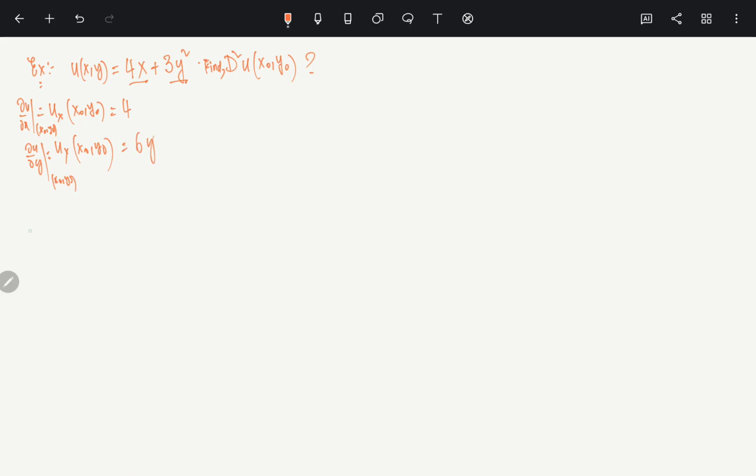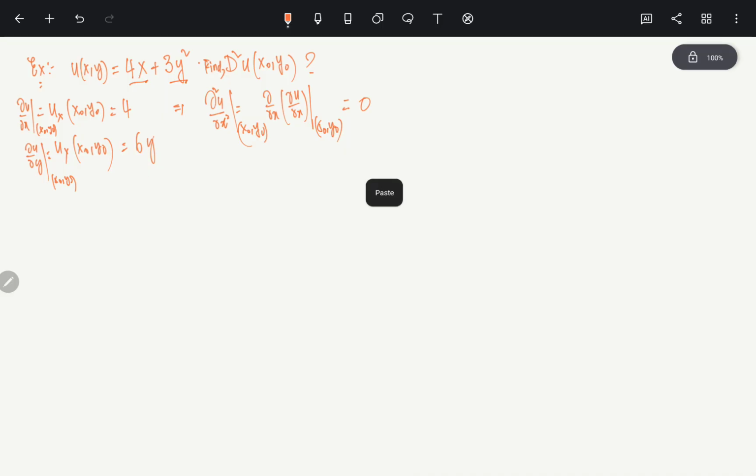Now what is del square u del x square? This is del x of del u del x, evaluated at the point x naught y naught. Del u del x is 4, and if you take the derivative of this with respect to x, it becomes 0.